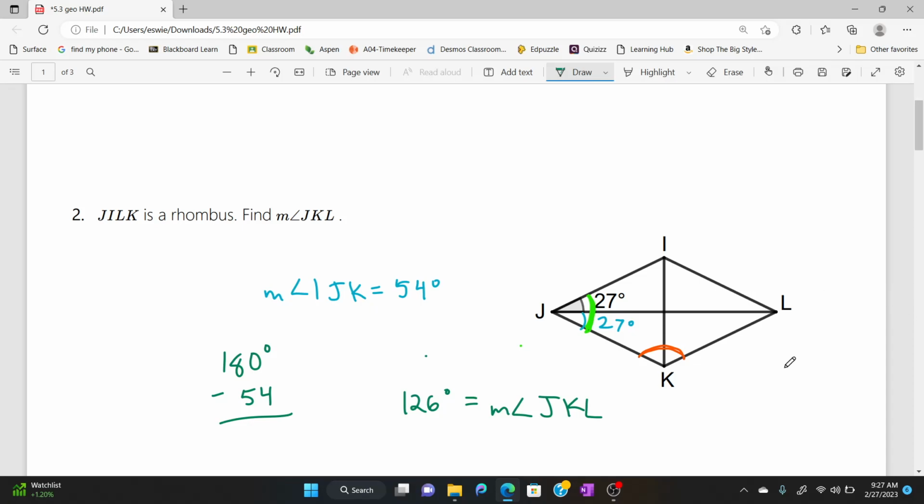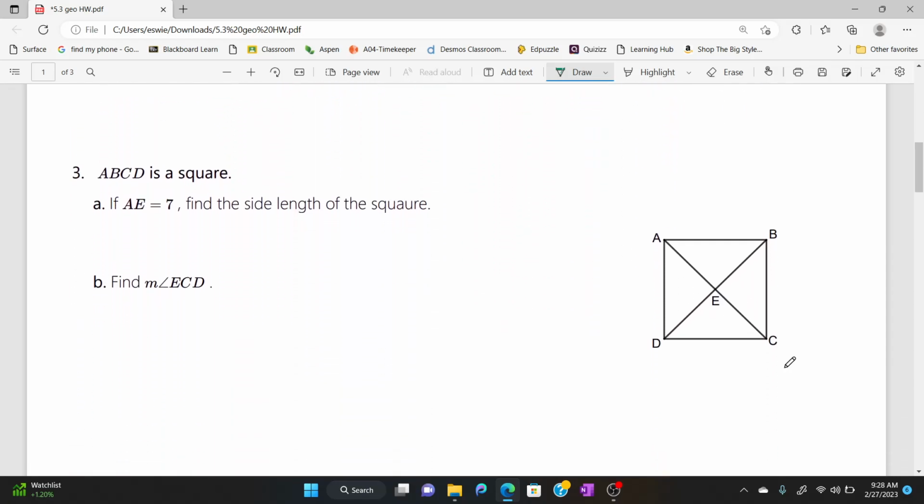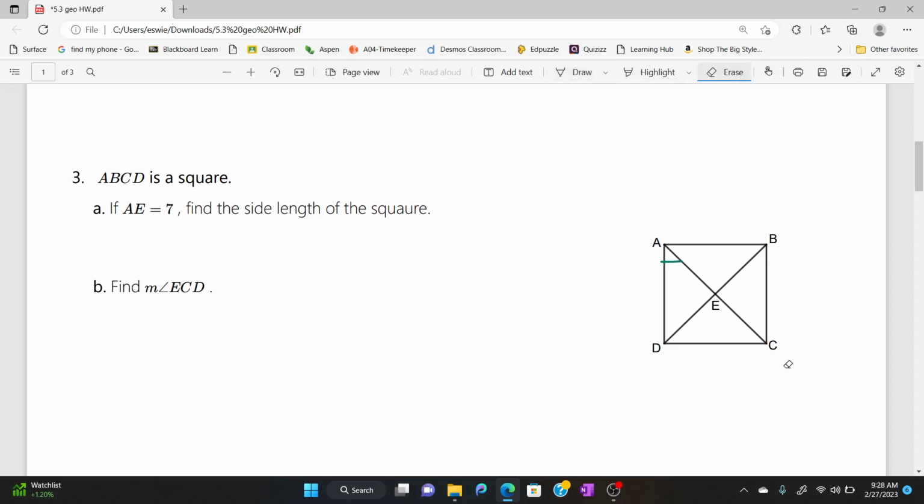All right, so we're using all these properties to answer these questions. So look at number 3. It says ABCD is a square. We know a square has right angles. We also know that the diagonals form right angles.